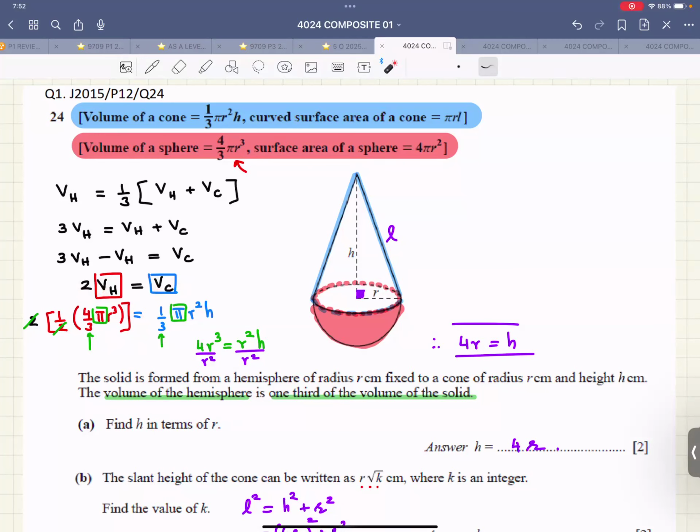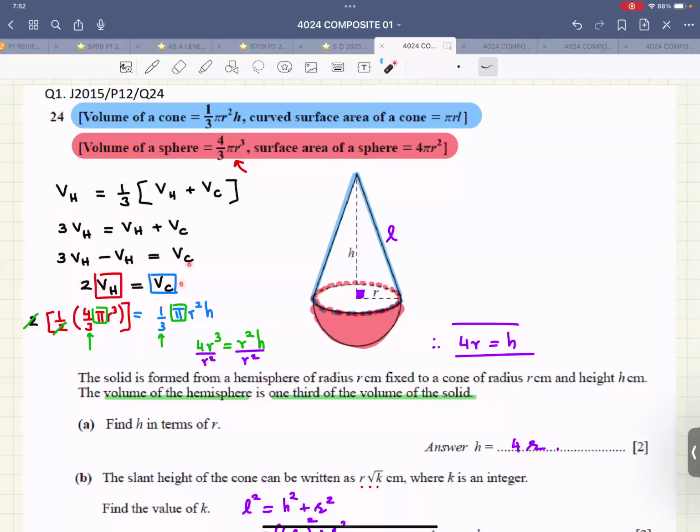So this relationship that I worked out, that is kind of tricky for some people. I have written volume of hemisphere is 1/3 volume of solid. What is the solid made up of? The volume of hemisphere plus volume of cone. I multiplied instead of opening with a fraction. 3VH is VH plus VC. 3 minus 1, that is 2VH.